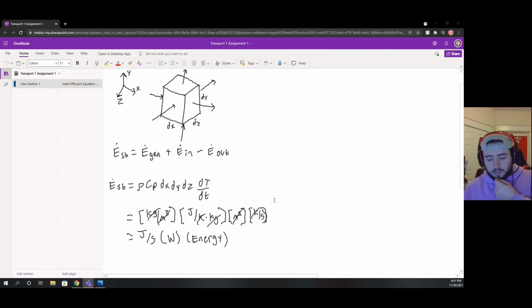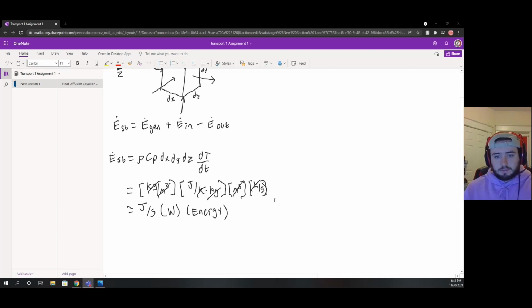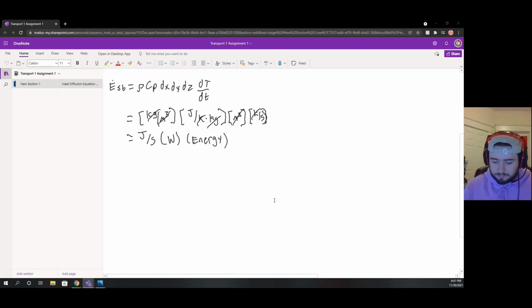The next term we're going to break down is the energy generation. Energy generation for that volume is the energy generation times each dimension.